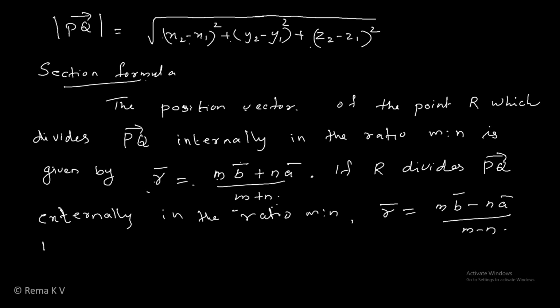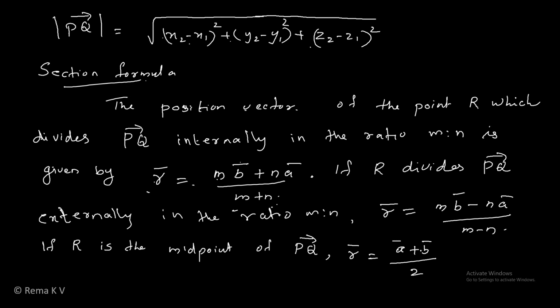Now the third one here is, if r is the midpoint of vector pq, then the position vector of r is given by vector a plus vector b by 2.